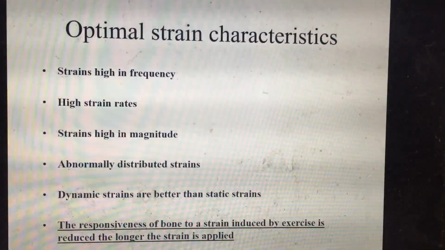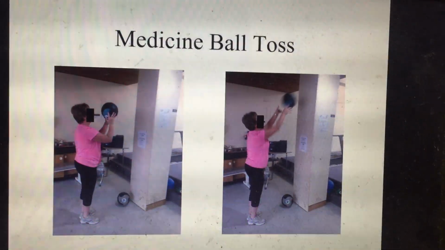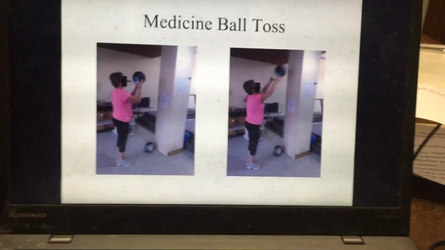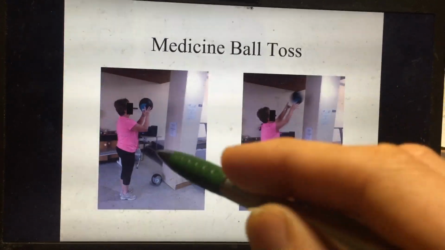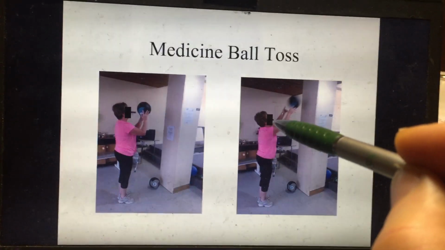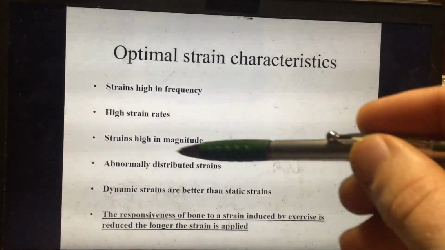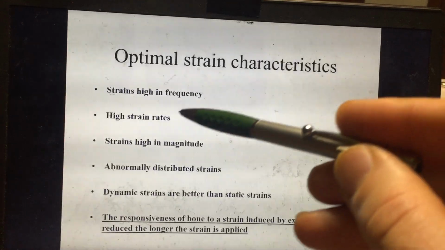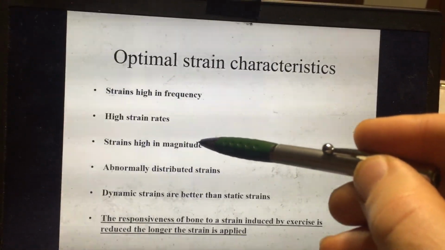Optimal strain characteristics. I'm giving this example of a study that we ran in our college that involved older women throwing a medicine ball against a wall, then catching it. So this would be applying a lot of these strain characteristics: high in frequency, high strain rate since it's done at a fast speed, high magnitude with a medicine ball.